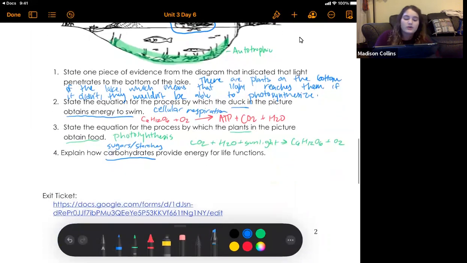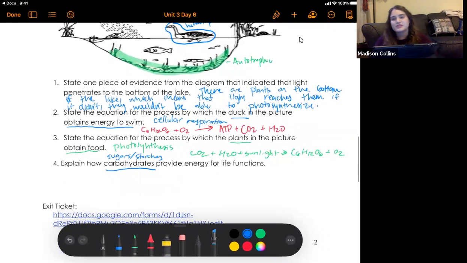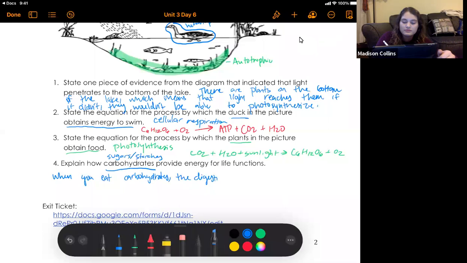Okay. So whenever you eat carbohydrates, the first thing that your body has to do is break them down. So when you eat carbohydrates, the digestive system breaks them down into simple sugars or smaller sugars.